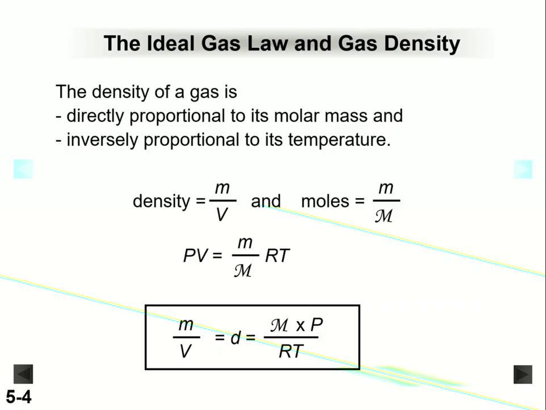So if we write density as mass per unit volume, we know moles is mass over the molar mass for the system. Then we can rewrite the ideal gas law as PV equals mass divided by molar mass times RT. From this, we could derive a density as well. We can see that density is mass per unit volume. We rearrange the equation above, and we end up with molar mass times pressure divided by RT gives us density.